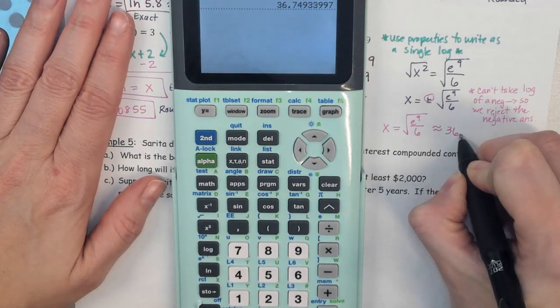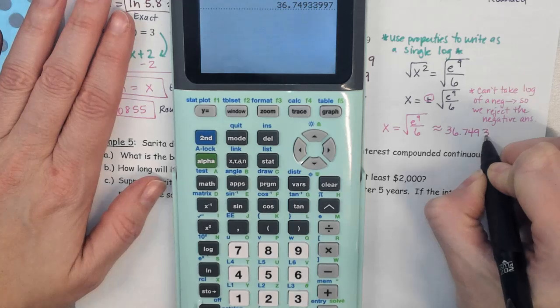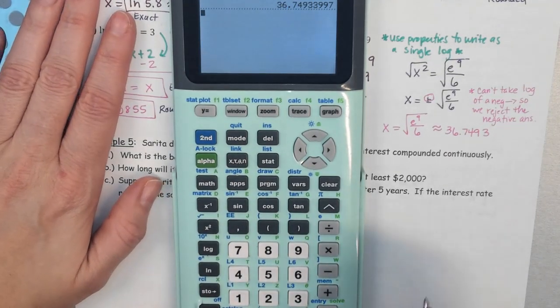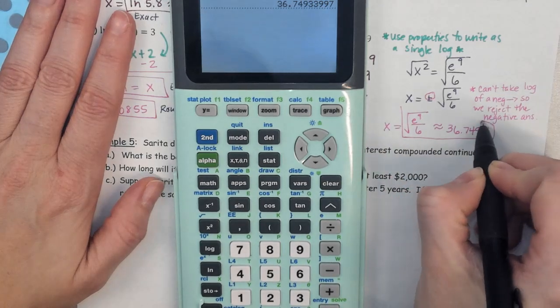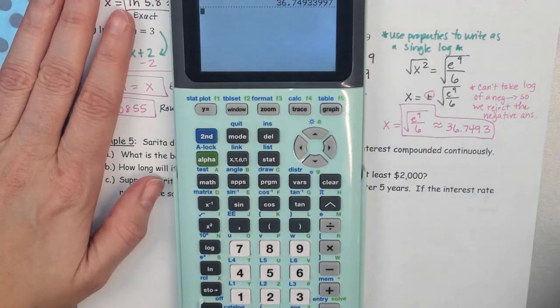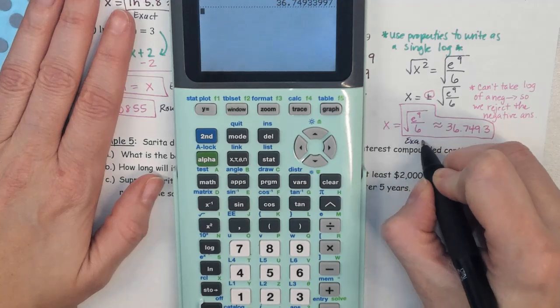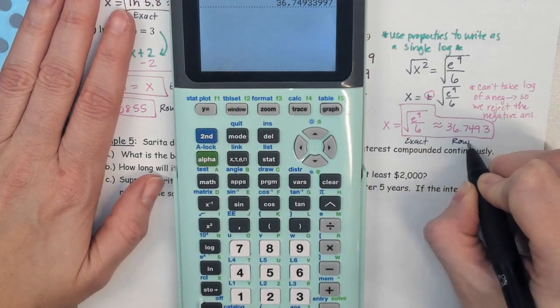So I'm rounding that to 4 decimal places, which will give me 36.7493. Okay, so I have my exact value and I have my rounded value.